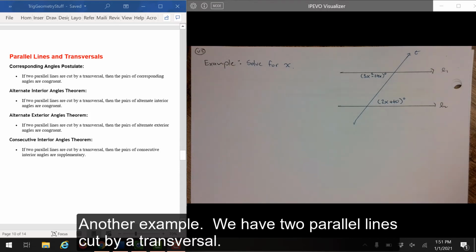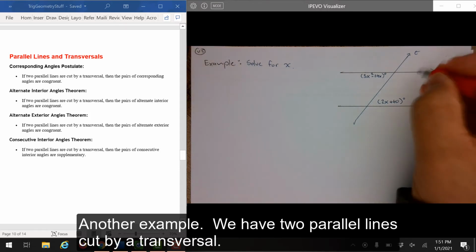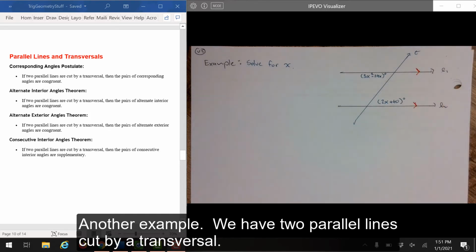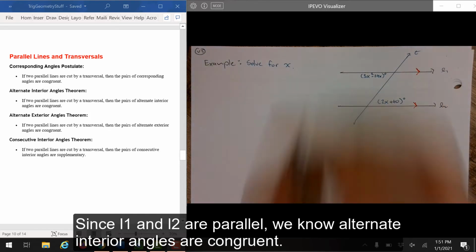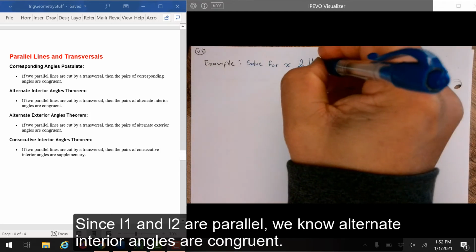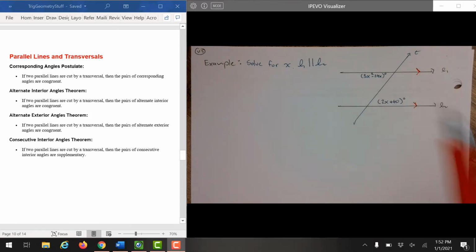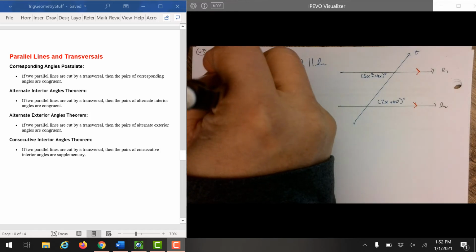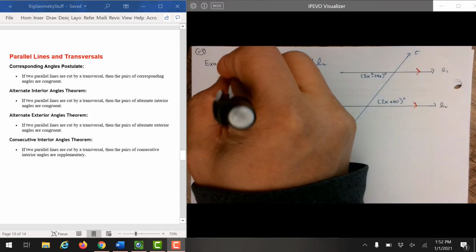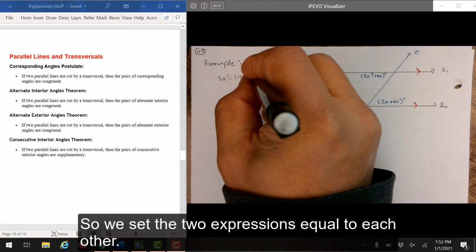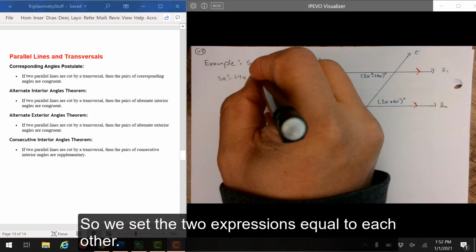Another example. We have two parallel lines cut by a transversal. Since L1 and L2 are parallel, we know alternate interior angles are congruent. So we set the two expressions equal to each other.